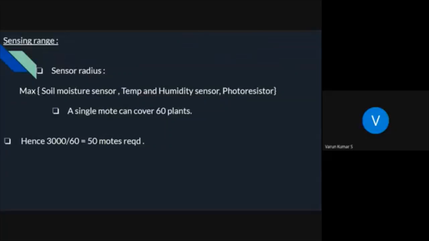Row-wise, 12 plants can be accommodated, and column-wise, 5 plants. Hence, 3000 by 60, we get 50 motes required for our entire network.